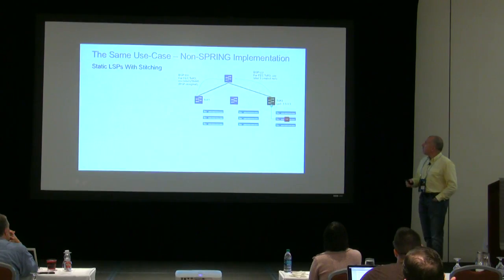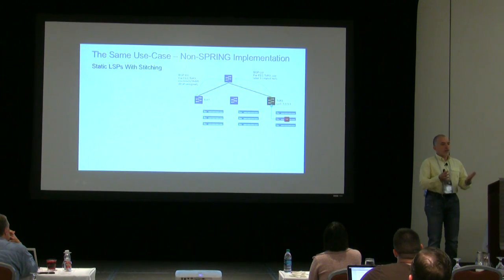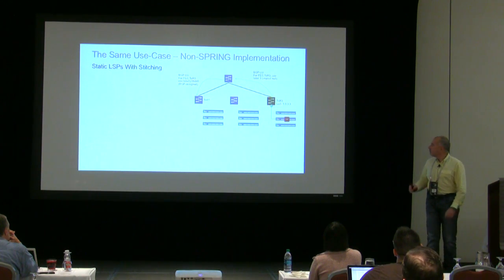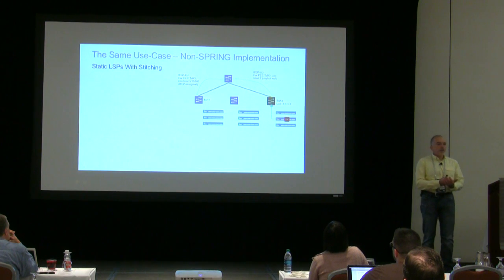So BGP labeled unicast does a really good job of advertising loopback addresses and assigning labels to them, like in this case. Now, the problem is that it assigns label values that it wants to, by its own decision.